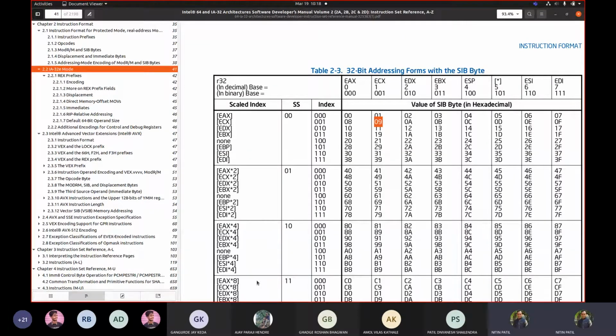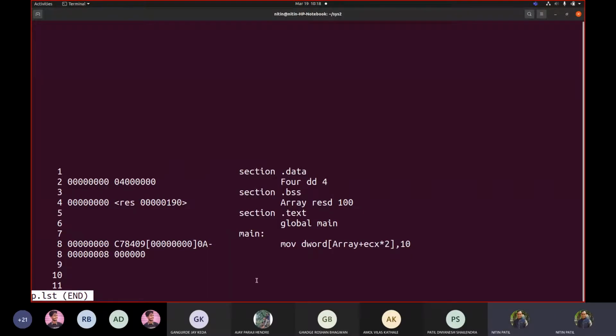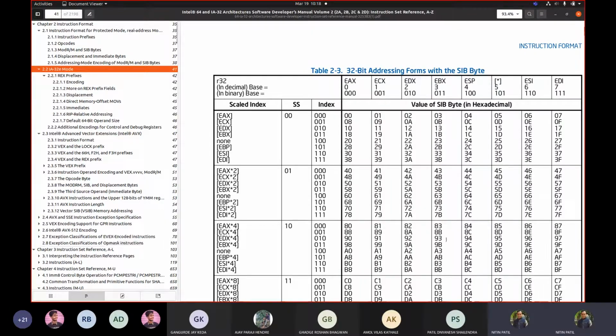So it is ECX multiplied by 2, right? ECX is multiplied by 2. So it is showing me 84 and 09. From where exactly it is coming? If I see 84 here, 84 goes somewhere here. But this is not the case with SIB.